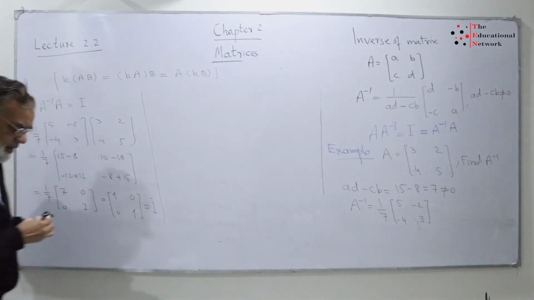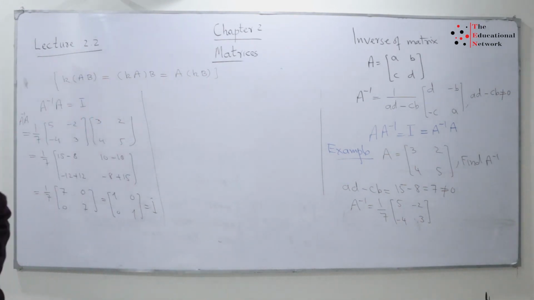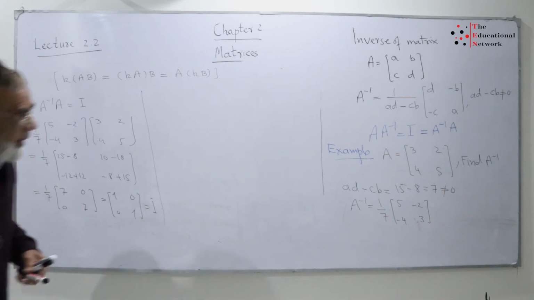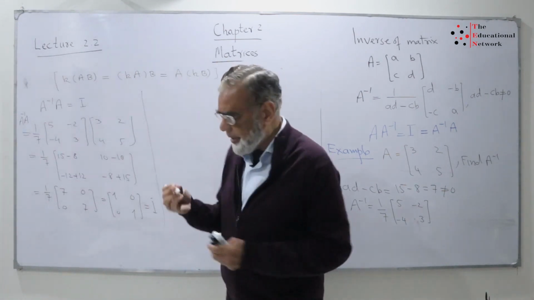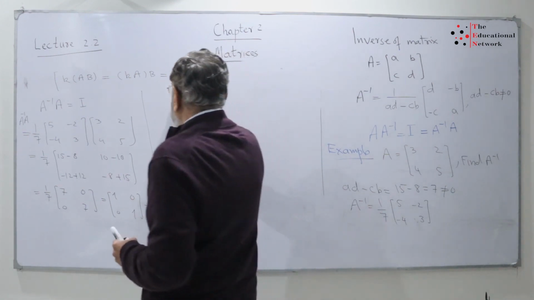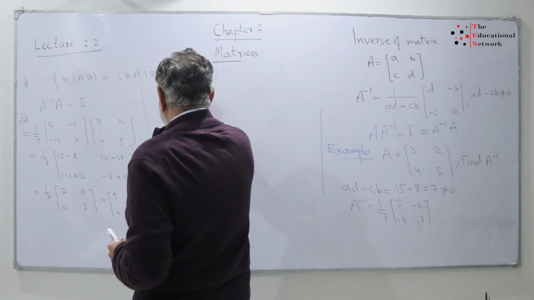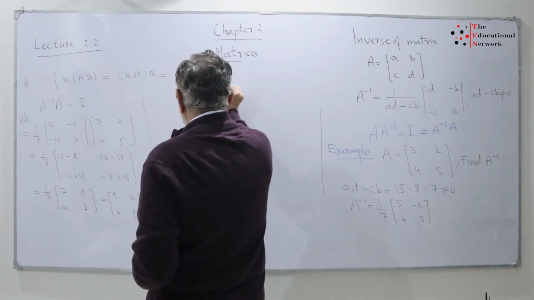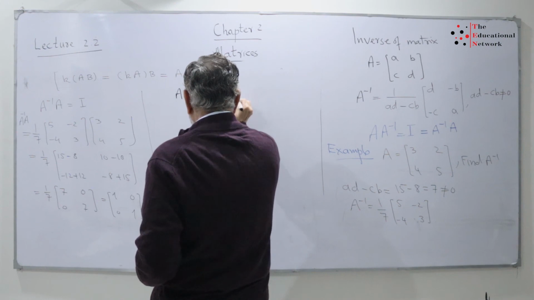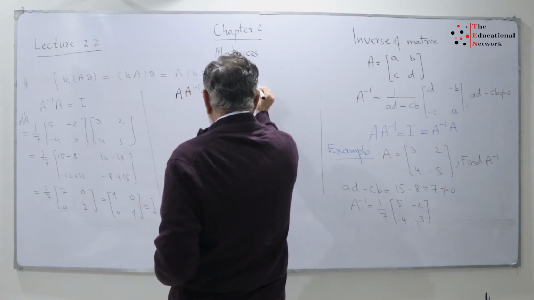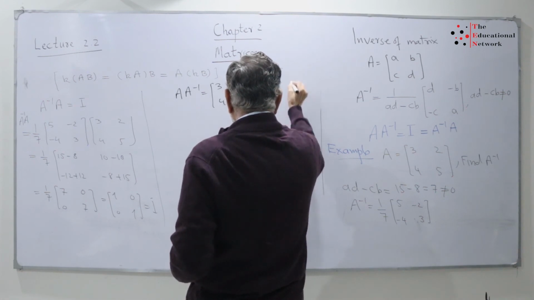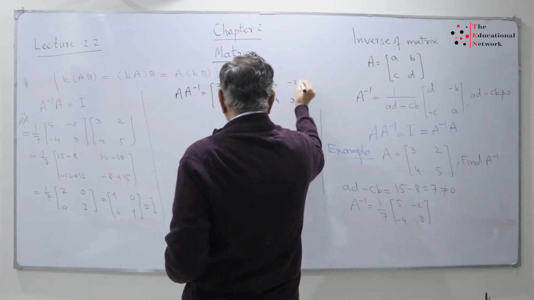The second part is that we take A and multiply it by A inverse. We have multiplied the inverse by A; now we take A and multiply by A inverse. So my A is 3, 2, 4, 5, and my A inverse is 1 upon 7 times 5, minus 2, minus 4, 3.